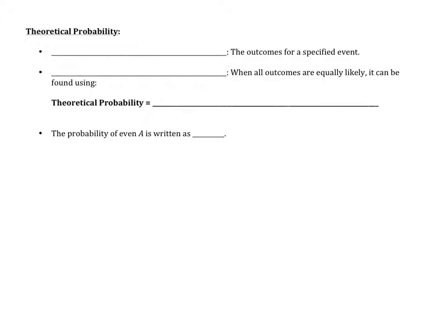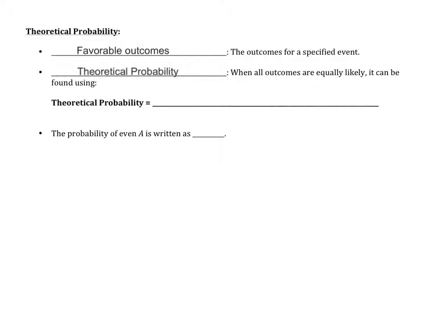And now we move on to theoretical probability. And the way I think about theoretical probability is that in theory, this is what should happen during my experiment. Is that necessarily what's going to happen? No, but in theory, this is what should happen. So here's some vocabulary circling around theoretical probability. Favorable outcomes are the outcomes for a specified event.